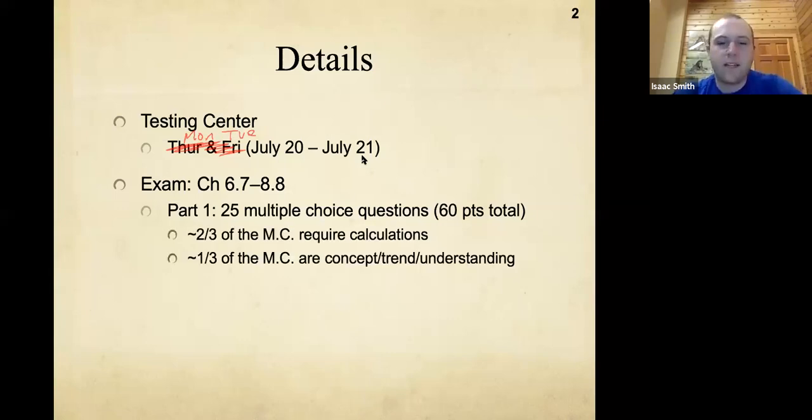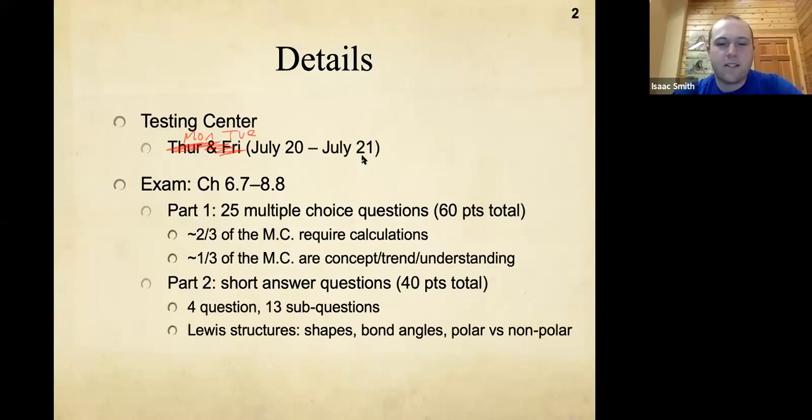About 2/3 of the multiple choice require calculations and 1/3 conceptual questions, and then there's some short answer, and those make up about 3 points. There's 4 questions, with some sub-questions like A, B, and C. There's 13 sub-questions, and because they're short answer, they have been split into more than 1 question.